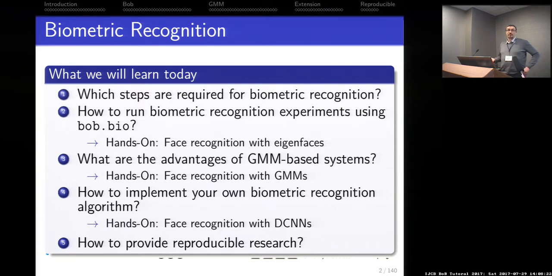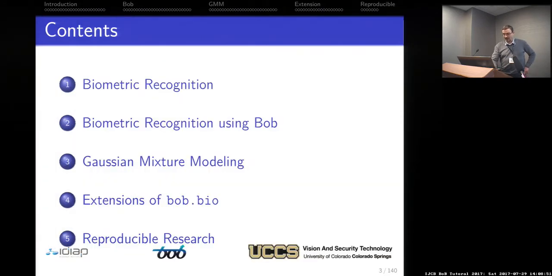Then we will see a little bit of Gaussian mixture models and how they are used in the framework. Finally, the probably most interesting part will be how to implement your own biometric recognition algorithm, how to extend the framework so that it fits your needs. And the last one is how to provide reproducible research, which is what the whole framework is about. These are the five topics.